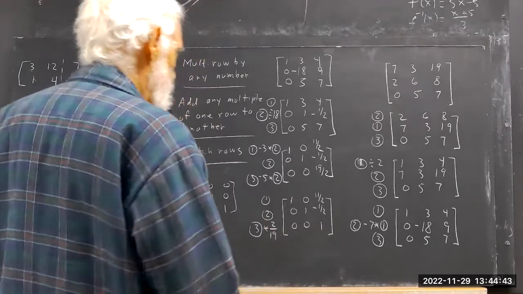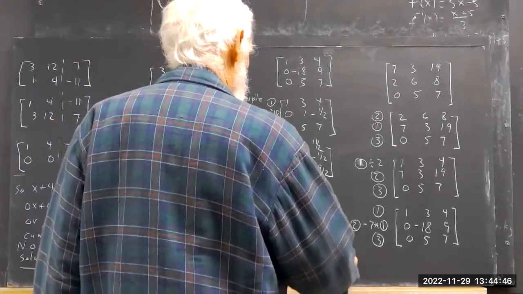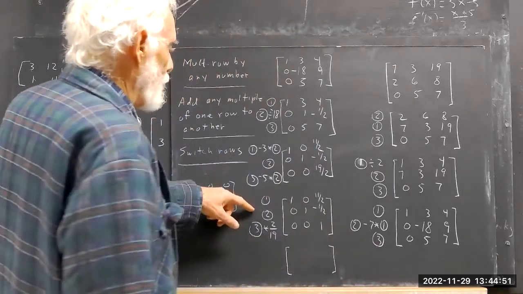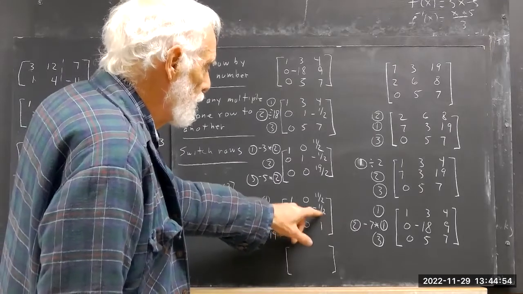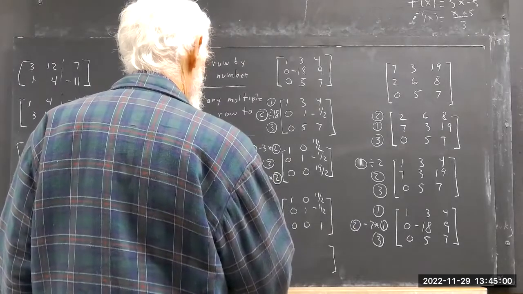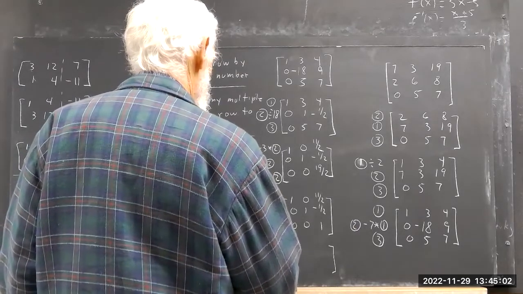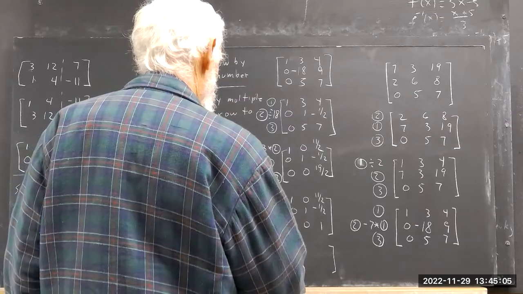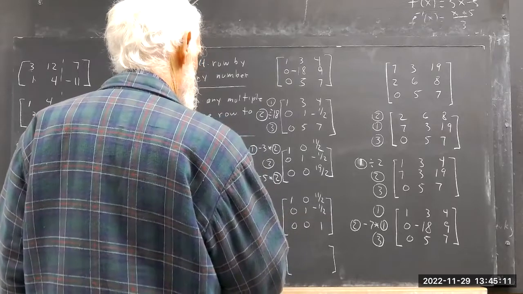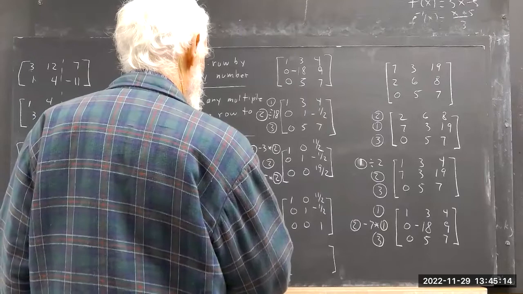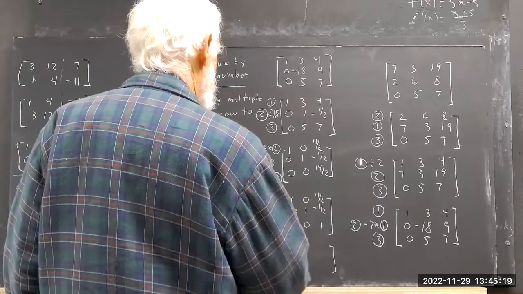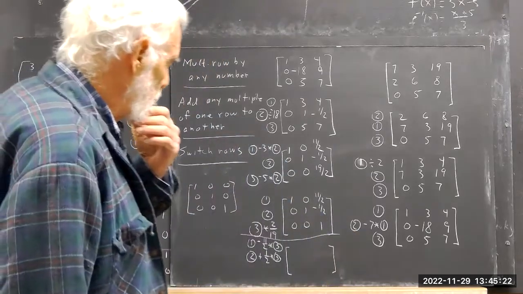Now, if I simply take row 2 and add it to 1/2 of row 3, 1/2 of this plus this gives me 0. It's getting bunched up here a little bit, you might find it hard to read.